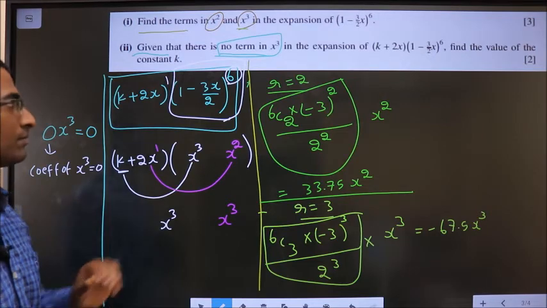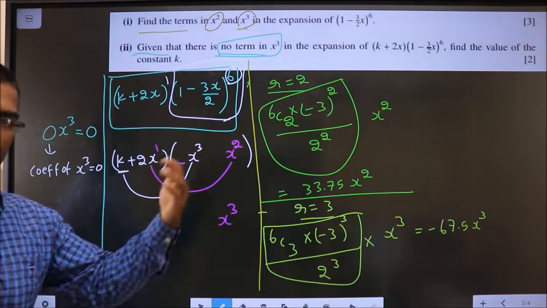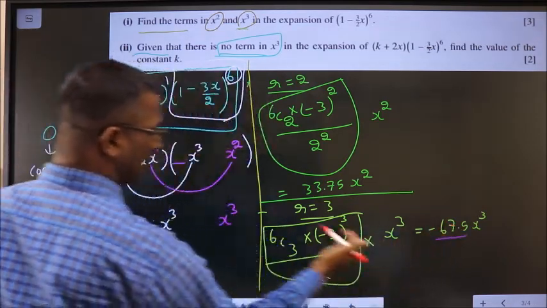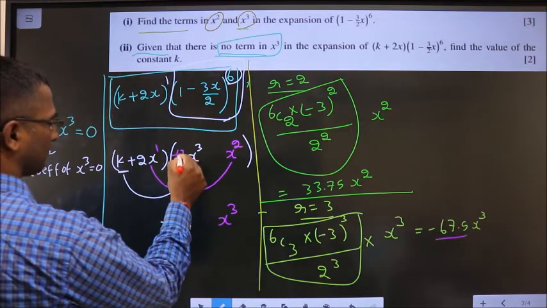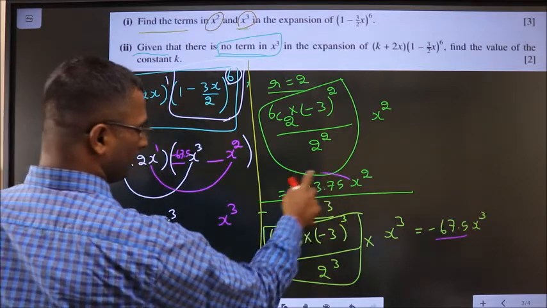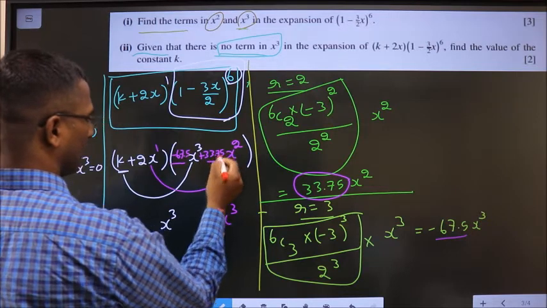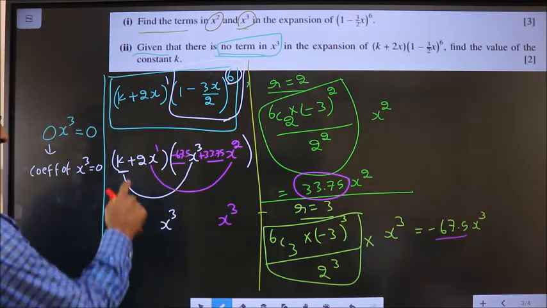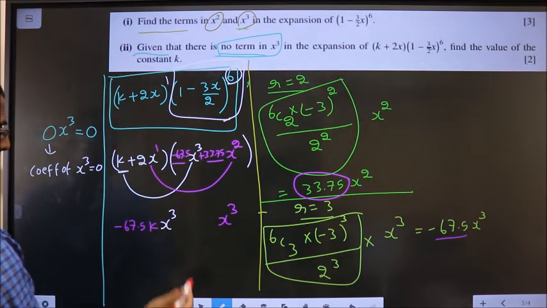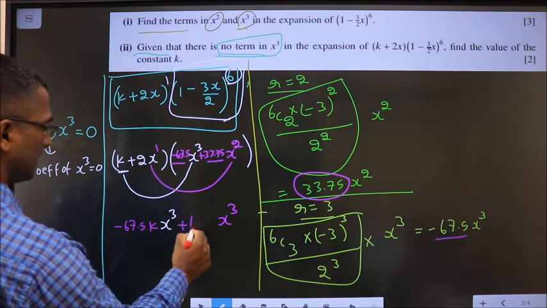Clear so far now? For this bracket, what is the coefficient of x cube? We already found in the first bit. The x cube coefficient we found to be minus 67.5. And what is the coefficient of x square? We found it to be 33.75. Now multiply k times this, it is minus 67.5k. 2 times 33.75 is also 67.5.